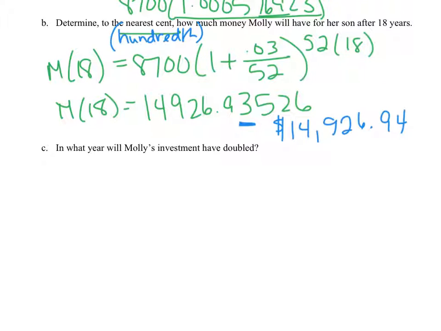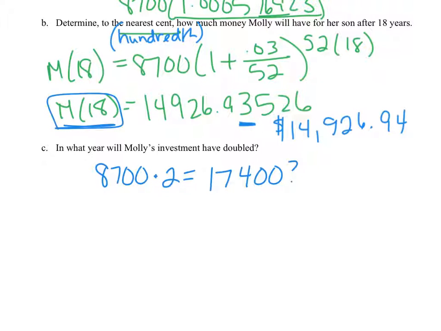So in what year will Molly's investment have doubled? She invested $8,700 initially, so how long will it take for her investment to actually double? What's that number? If I multiply that by 2, it's $17,400. So when will she have that much money? Well, that's when we replace this part.